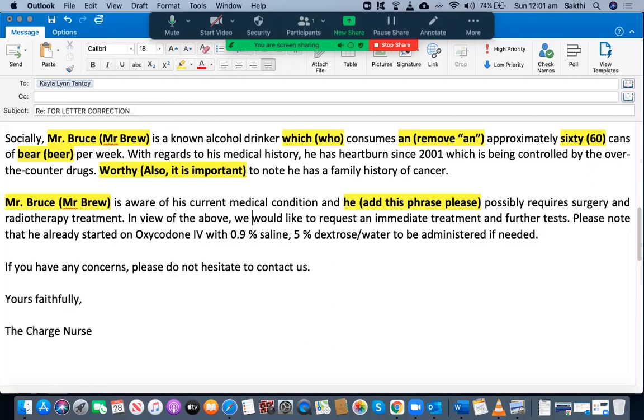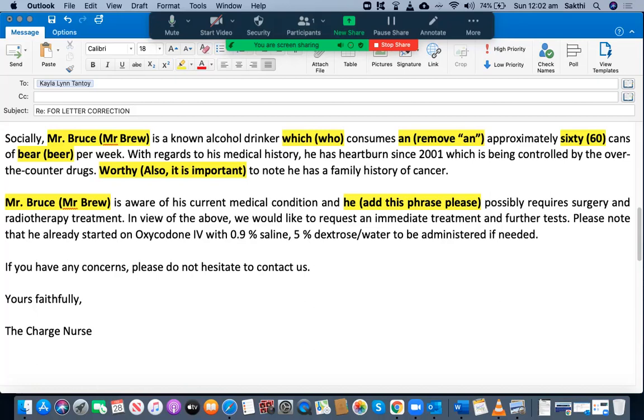Please note that he already started on oxycodone IV with 0.9% saline, and then comma, 5% dextrose in water to be administered if needed. If you have any concerns, please do not hesitate to contact us.